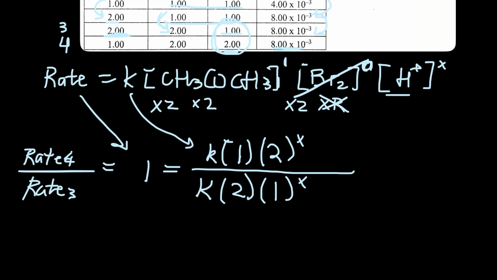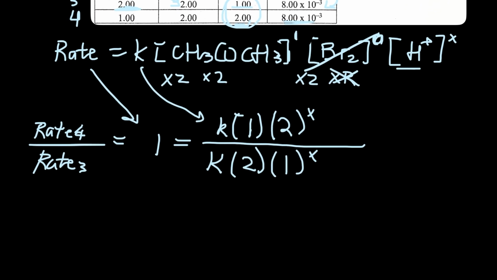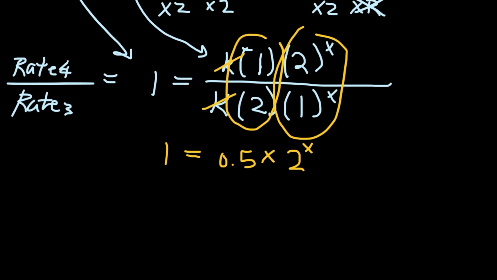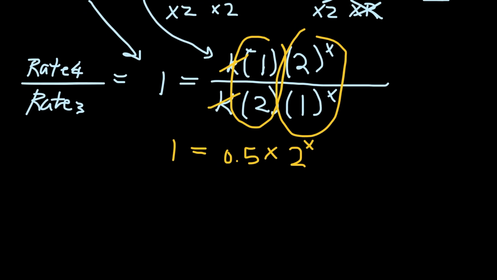The concentration of this is 2 to the power of 1, and hydrogen is at a concentration of 1 to the power of something. Now we can cancel out K, and we look at this, so there is 0.5, and then we look at this, so there is 2 divided by 1, that's 2 to the power of x. So 1 divided by half is 2.